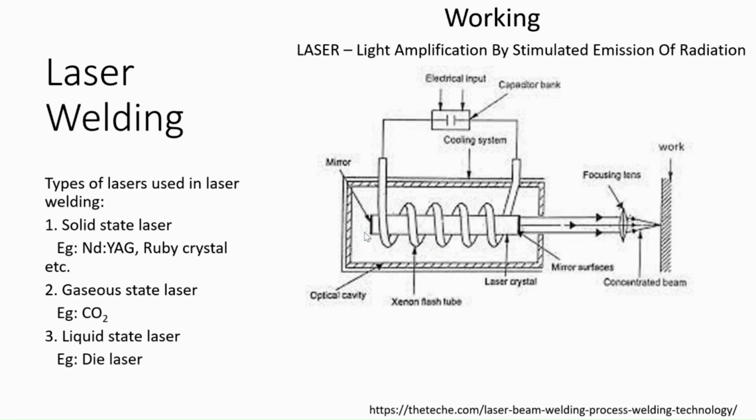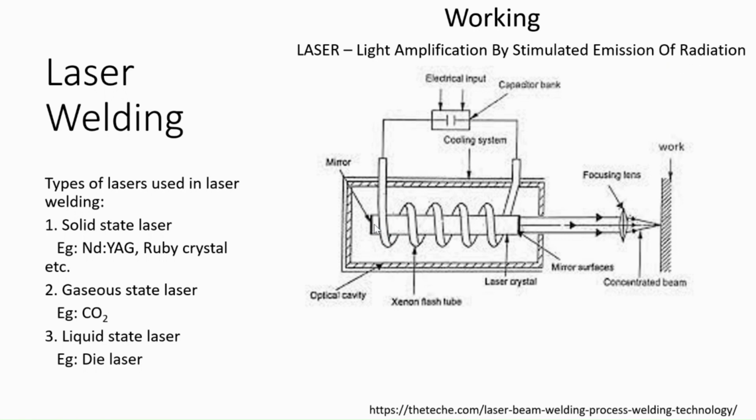The electron is already in the higher state, so for it to come back, there should be some stimulation. This photon stimulates the electron to come towards the ground state, and hence one photon causes two photons. That is what is called light amplification by stimulated emission of radiation. So your light is amplified by stimulated emission, one photon stimulating another photon. That is how it works.